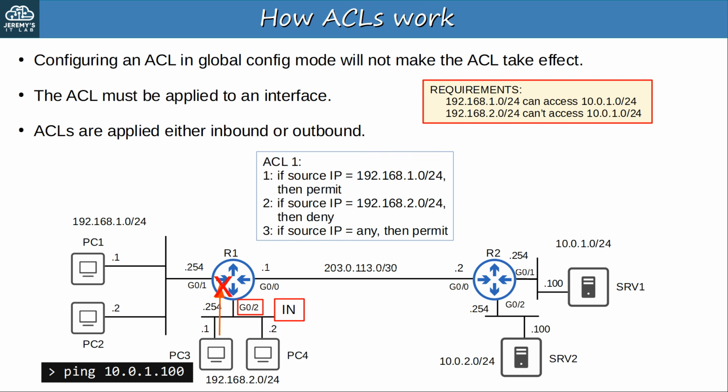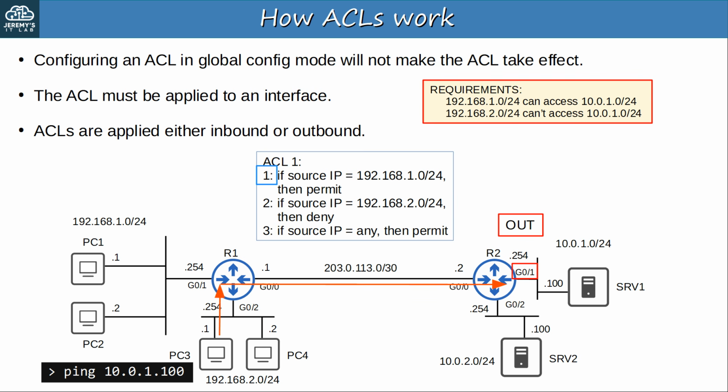There are some other possibilities we could try, such as applying it to R1's G00 or R2's G00, but let's take a look at the best option. The best location to place this ACL is outbound on R2's G01 interface. Let's see how it works. If PC3 tries to ping server 1, R2 will check the ACL before forwarding the packet out of its G01 interface.